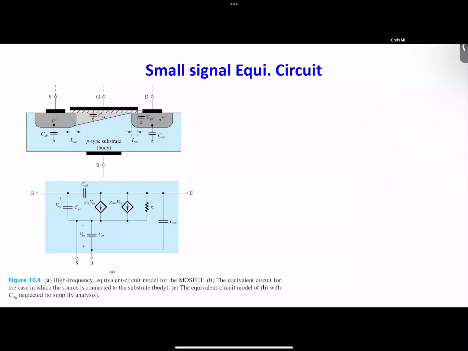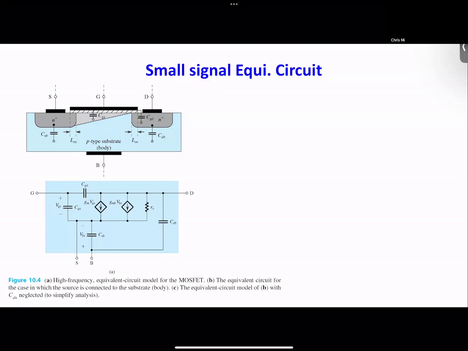So what we're going to do is look at here. So we replot it here. Basically, this is the same circuit, just organized nicely. So we have VGS here, CGS here, the VBS, CSB here. And the only thing that you need to be careful about is that the plus sign is at the bottom, minus sign is at top. And here is gmb times VBS, and this gm times VGS.